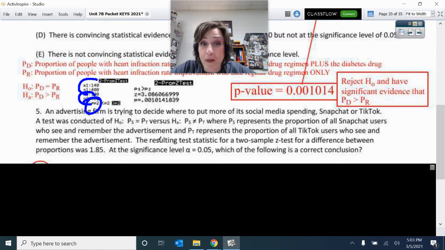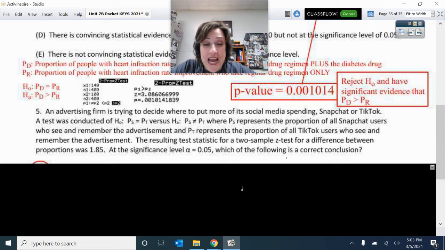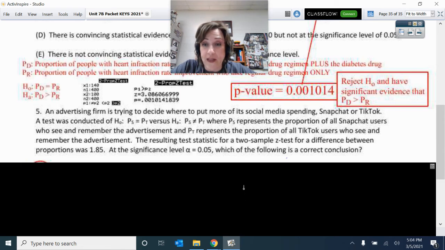But here is a problem that you couldn't do in your calculator. You had to understand the whole process of two tails and how to do that yourself without the calculator. So this was a problem where they give you the z-score of 1.85.